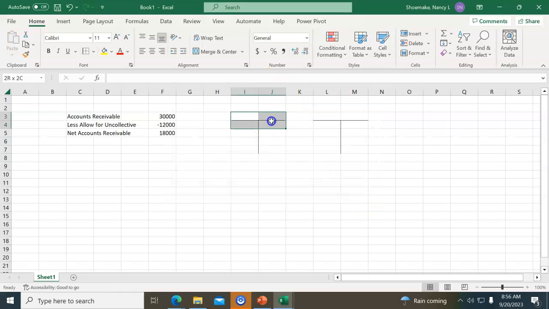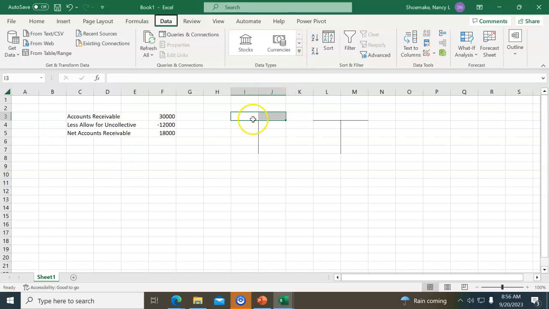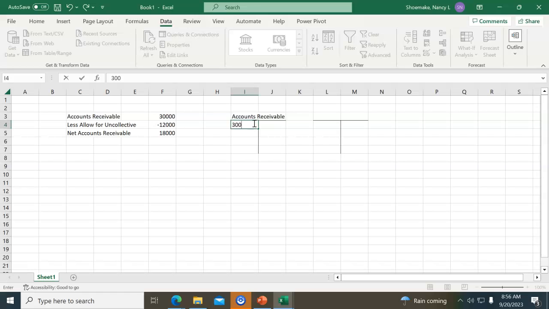So this is our accounts receivable of 30. And this is our allowance for uncollectible of 12. Make sense? Okay, let's say Buddy Bruce decides he's not going to pay $4,000.